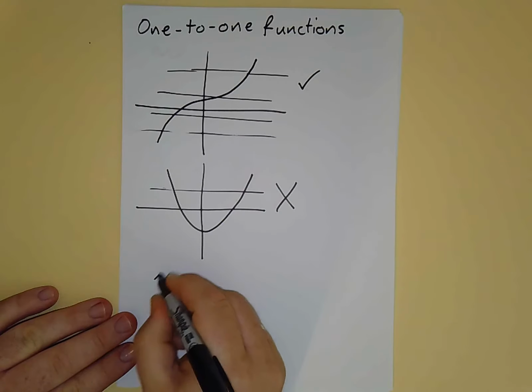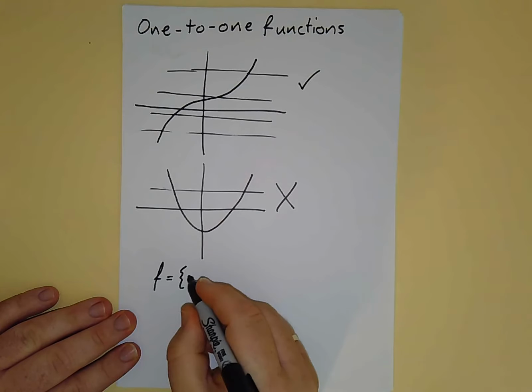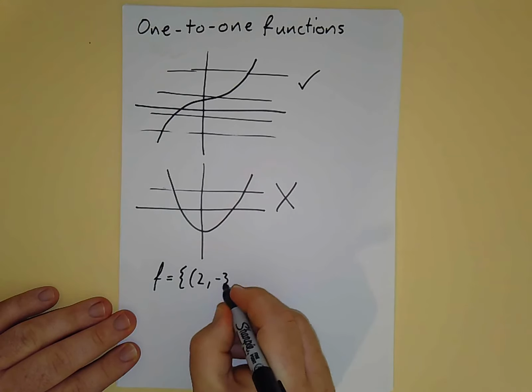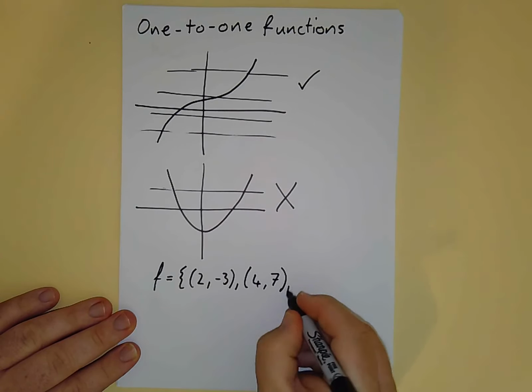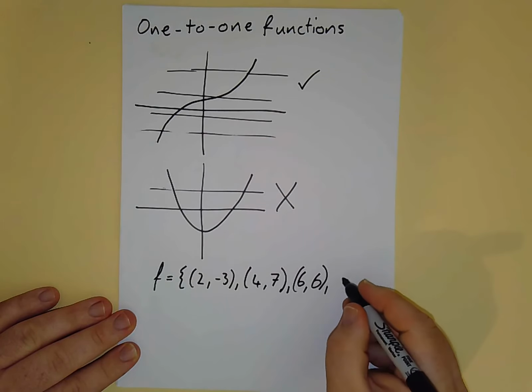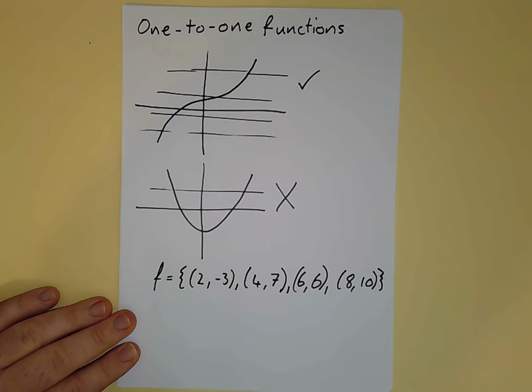So if I had my function take the points 2 to -3, and 4 to 7, and 6 to 6, this is still a relation, still a rule, it's still a function. And because there are no repeats either in the first part, which would make it not a function, or repeats in the second part, then it's a one-to-one function.